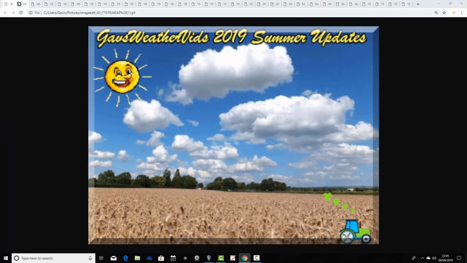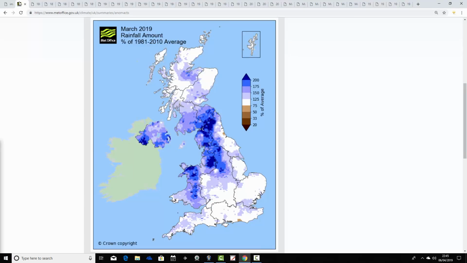So, as I say, we're going to be talking about March precipitation for this particular update. This is the UK-wide percentage for the March rainfall, so this is anomalies to average. It's quite a wet March across the northern and western parts of the country, with many southern and eastern parts of Britain coming out closer to average.